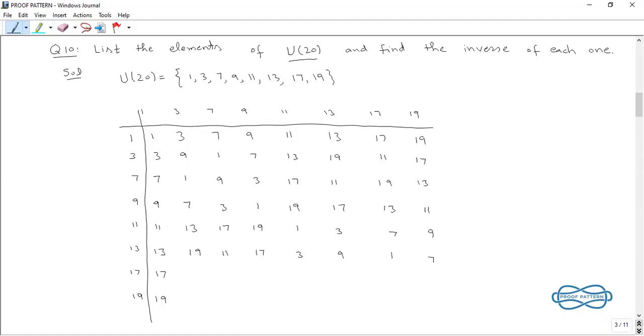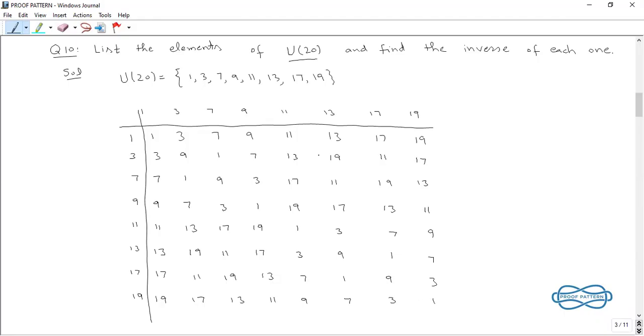And the next row is, and the last row is 17, 13, 11, 9, 7, 3 and 1.